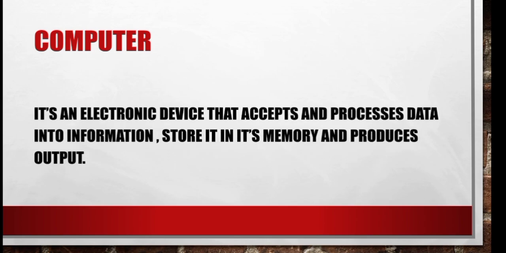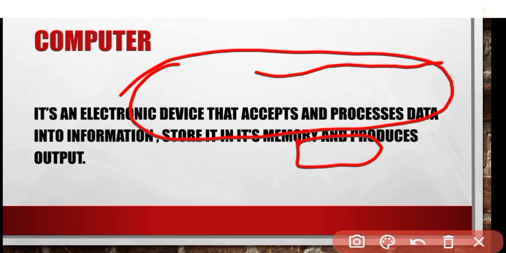So what is a computer? If you are told to define a computer, because a question may come in the next exam and you may be asked to define the following terms, maybe the computer. So what is a computer? A computer is an electronic device that accepts and processes data into information, stores it in its memory, and produces output.